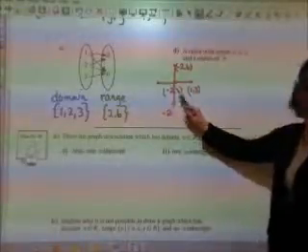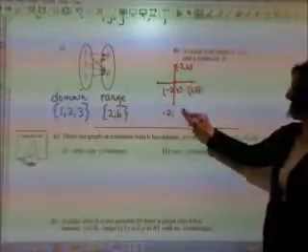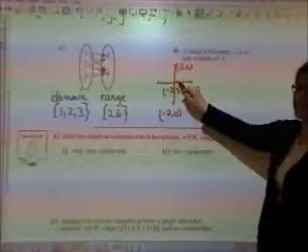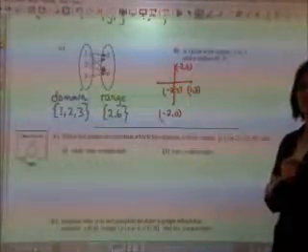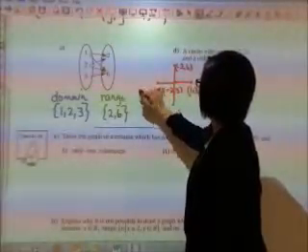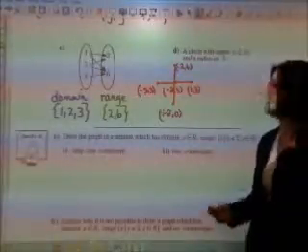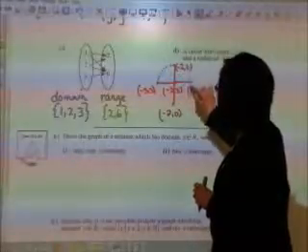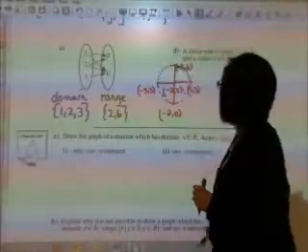If I go down 3 units, I'd be at 0. And in the center, if I'm at (-2, 3) and I go over to the left, where would I be? (-5, 3). So then what will happen is I can join these points to create a circle.